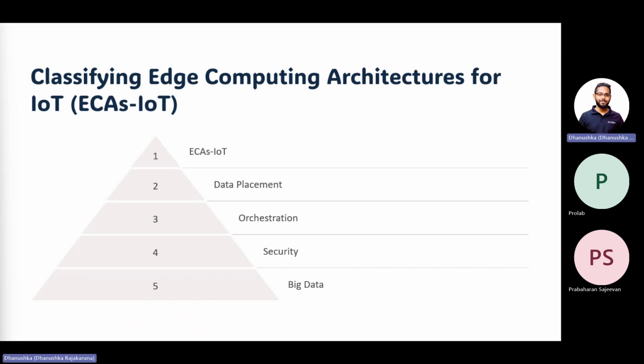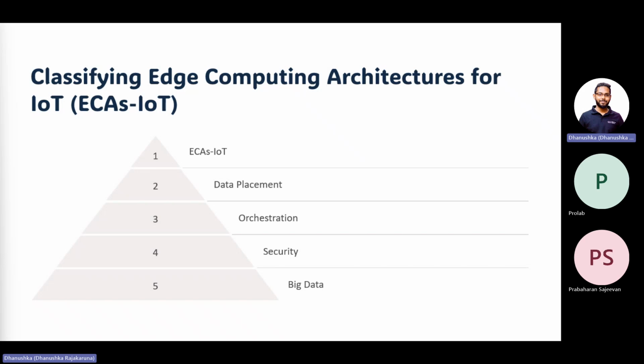Classification based on computational distribution: centralized edge architecture, distributed edge architecture, and hybrid edge architecture. Classification based on data flow: reactive edge architecture, proactive edge architecture, batch processing architecture, and stream processing architecture. For reactive edge architectures, an example is security cameras acting upon motion detection.